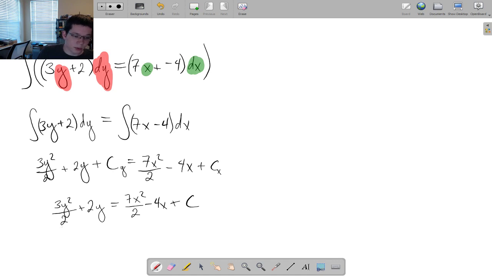And then we can try and solve for y. I'm going to multiply through by 2 because I don't like having these fractions in here. So I'll have 3y squared plus 4y equals 7x squared minus 8x plus c. I just let the c absorb the 2.